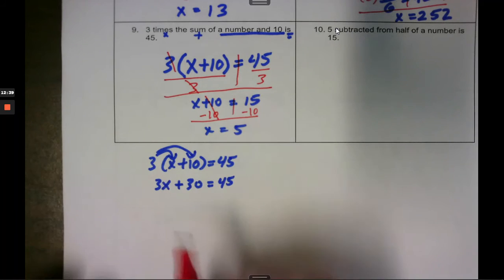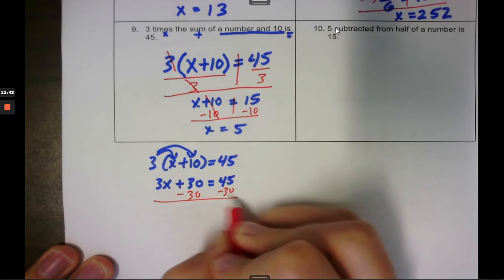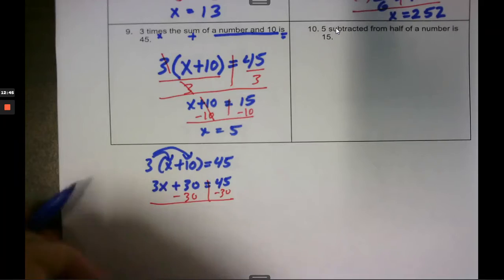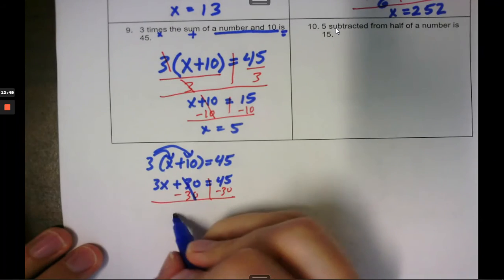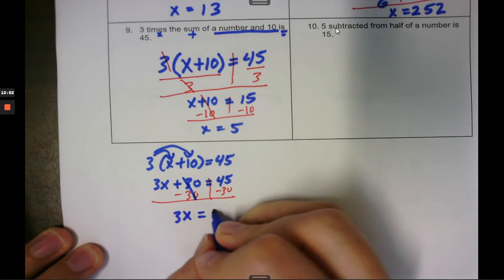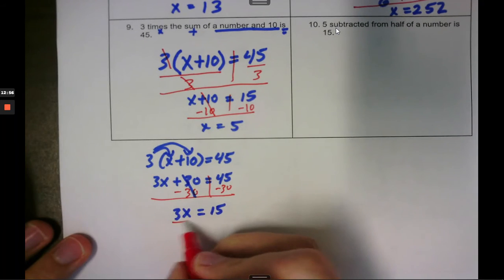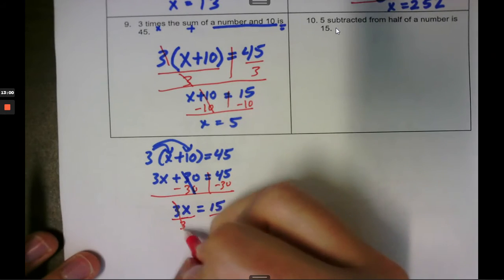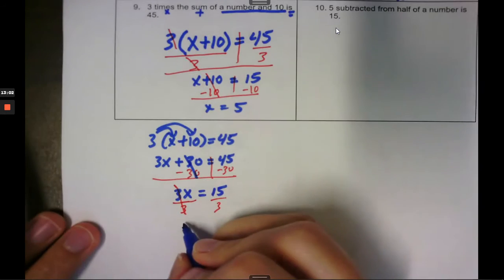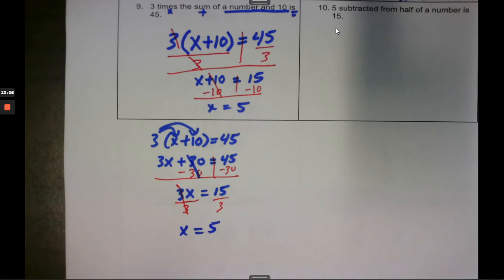Alright, now I would need to subtract 30. And I'm left with 3x equals 15. And then the next step to get rid of that 3 would be the inverse operation, divide by 3. And I'm left with x equals 5.